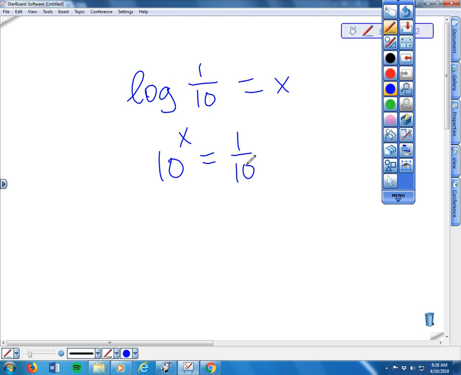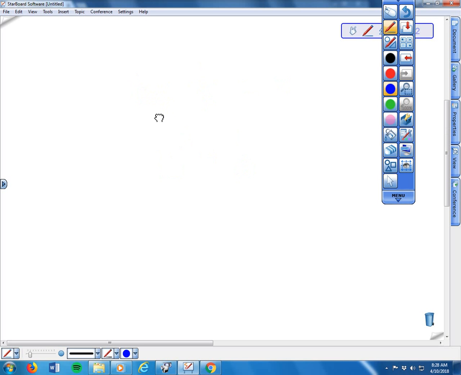What's another one? Let's do this one. What's it asking? 1/3 to what power equals 27?